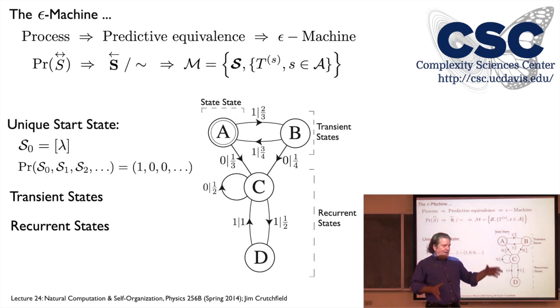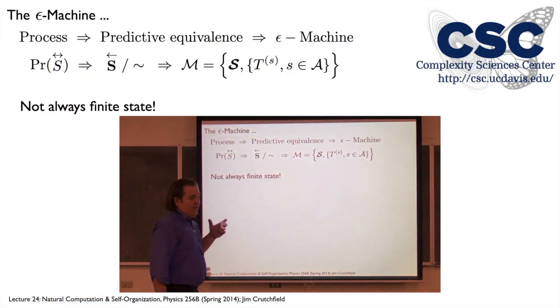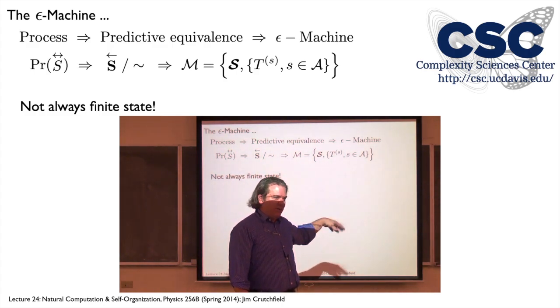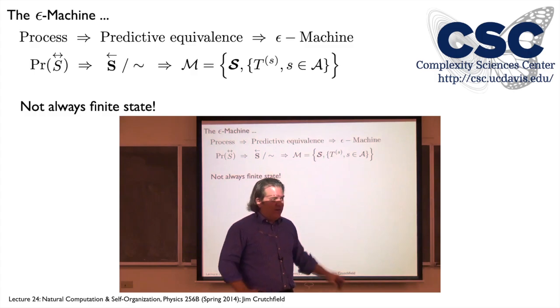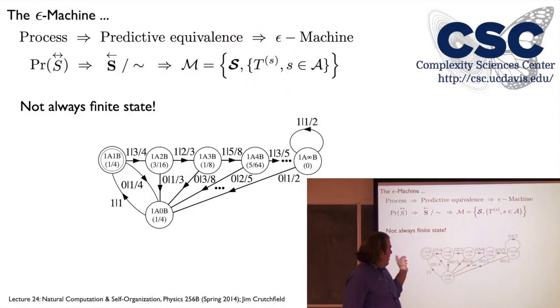Actually, the mathematics we've introduced is much more powerful than this, and it depends on the nature of the process. In particular, things don't have to be finite state. It's okay to think about this finite state Markov chain or hidden Markov chain. That's fine to get started. But in fact, there are a number of cases we're going to analyze where you actually have a countable infinity of causal states. So this is just one example.